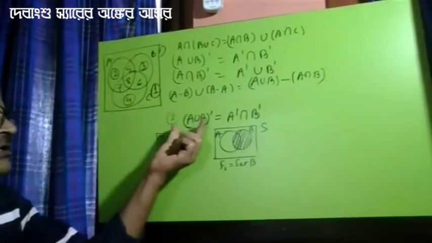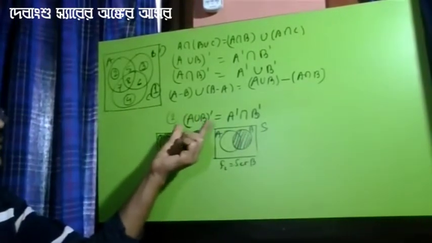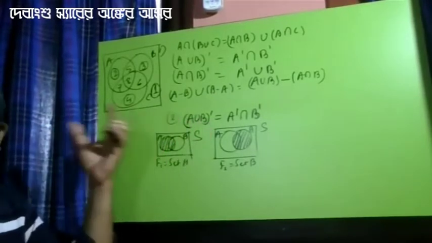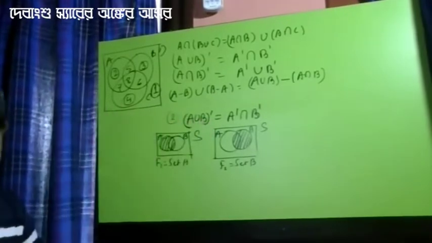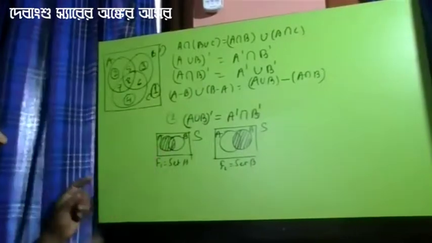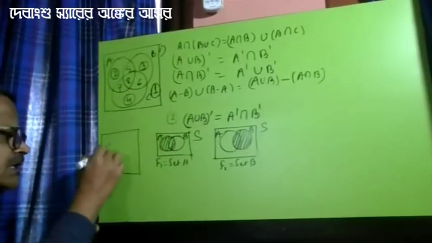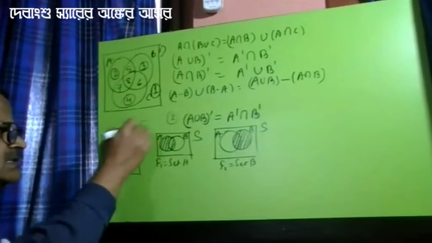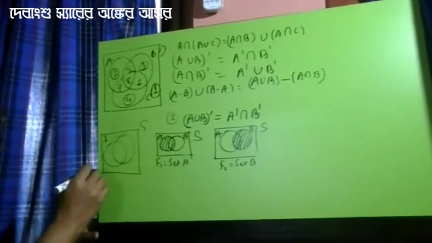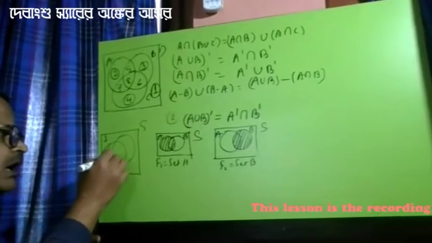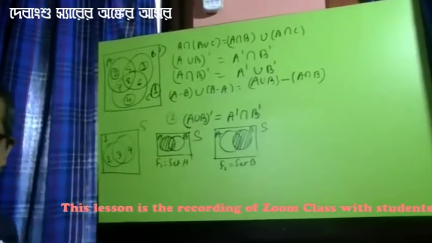Now I am going to construct this. To construct this, first I have to do the work within the bracket, that is A union B. If we draw two circles within S, the total region is divided into four parts: 1, 2, 3 and 4.